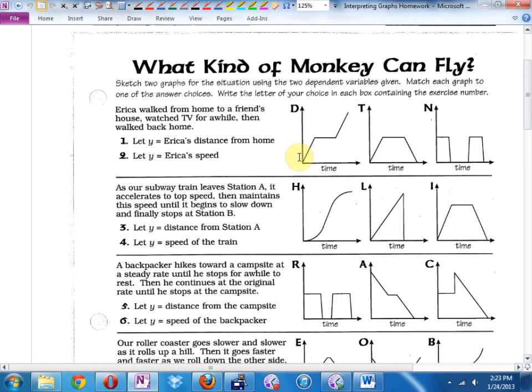Now, what about speed? The second graph, it says, what's her speed? She walked. That would be a forward speed. Your distance would be increasing. Then what happens to her speed when she's at her friend's house? What would stopping look like as a height?